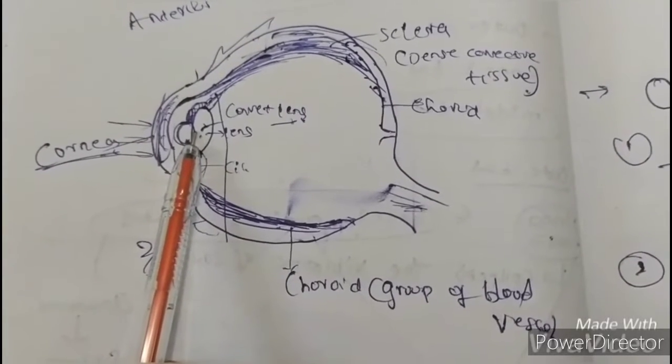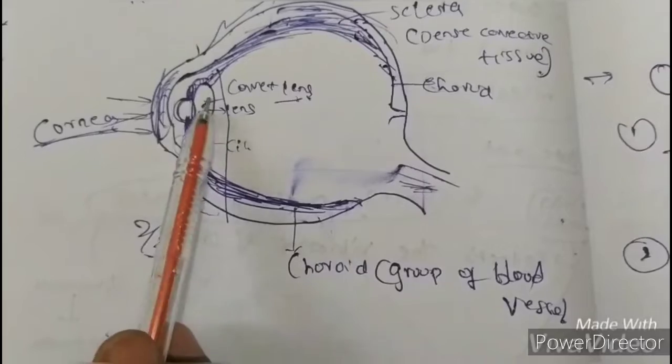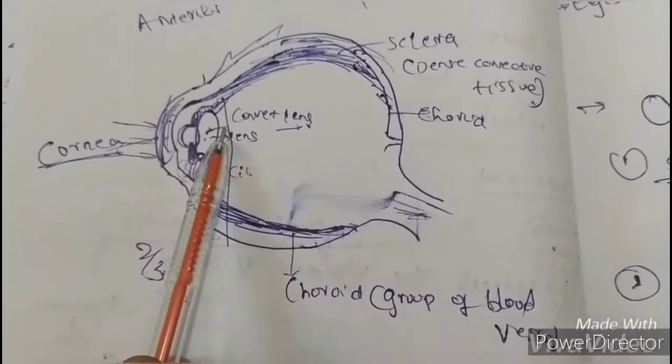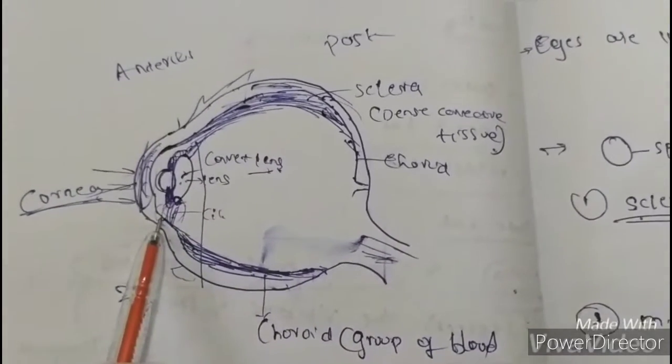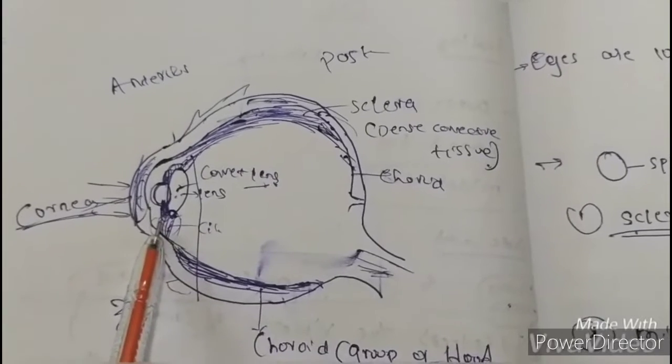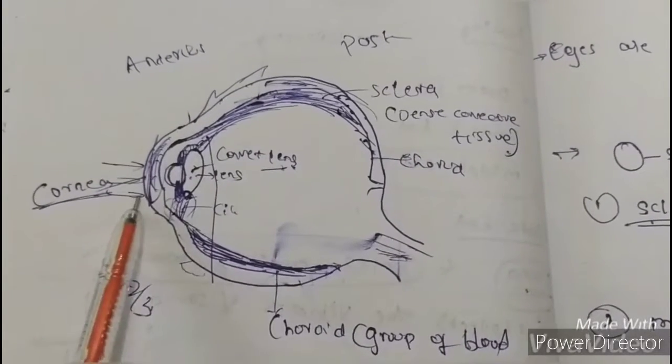The eyeball contains a crystalline lens. This is the crystalline lens, which is held by ligaments called ciliary bodies. The aperture is surrounded by, this is the pupil.